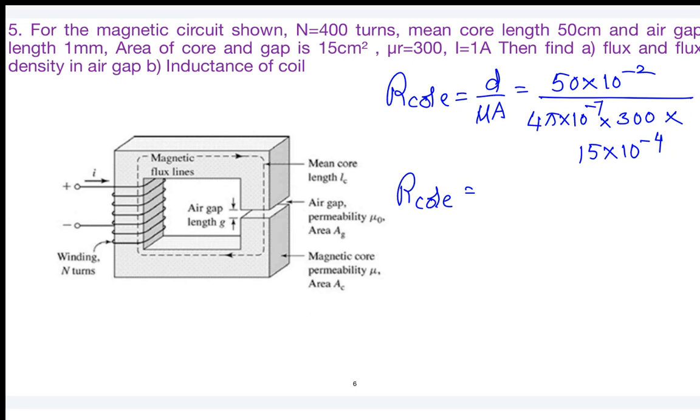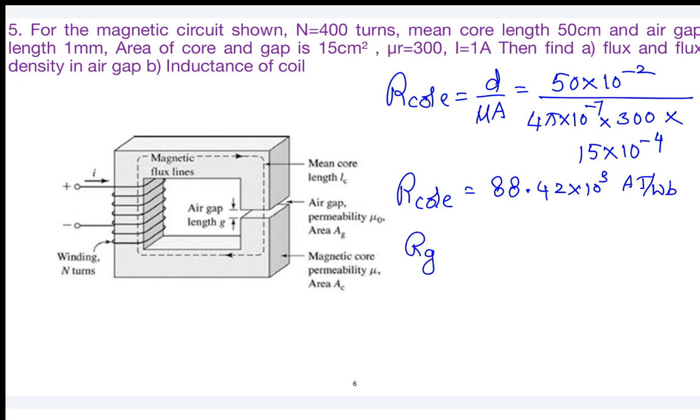You can cross check it, some difference is there. Okay, I will write here, you can verify it later. So that will be 88.42 into 10 power 3 ampere turns per Weber. You can cross check that if you are not done with that. And similarly, find the reluctance of the air gap.